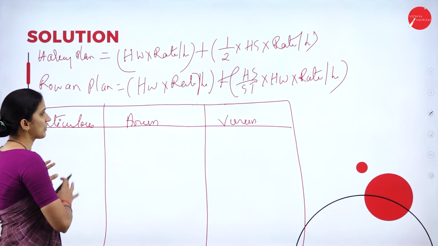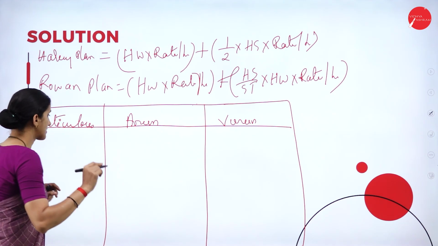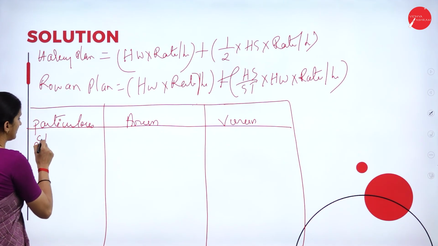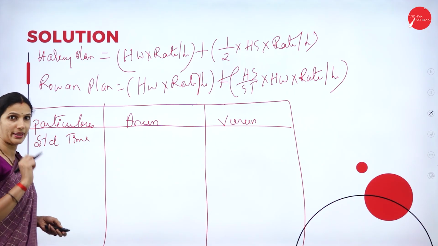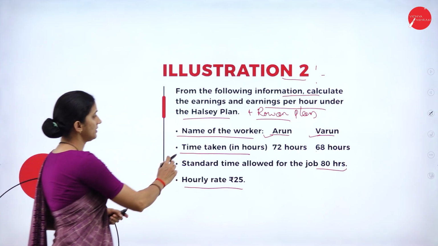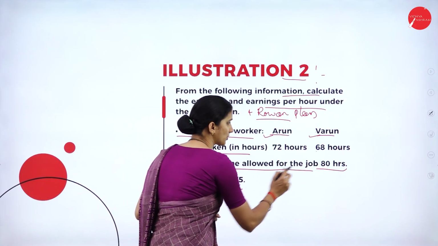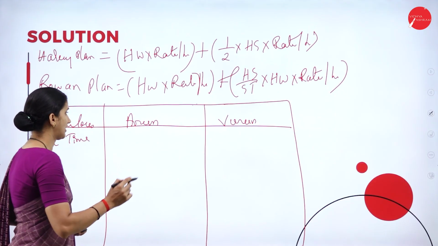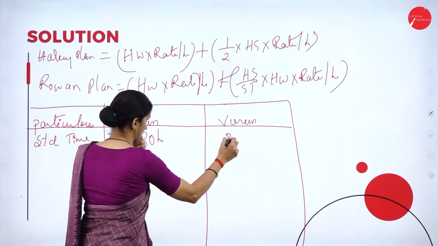So now, in the question, what information is given, that we will write first. See in the question they have given the standard time. See in your question you have the names of the workers, Arun and Varun. Here standard time allowed for the job is 80 hours. So that means for both the workers it is 80 hours.